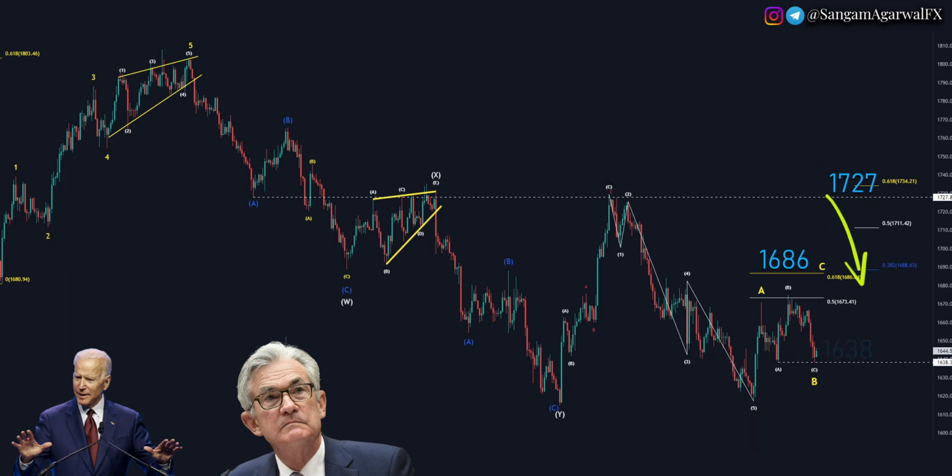Or if this 1638 level breaks on H4 time frame, then you can start selling, and the first target will be 1600, then 1500.